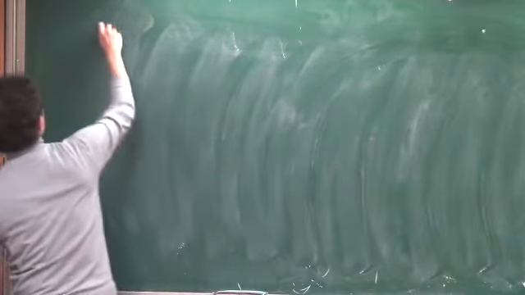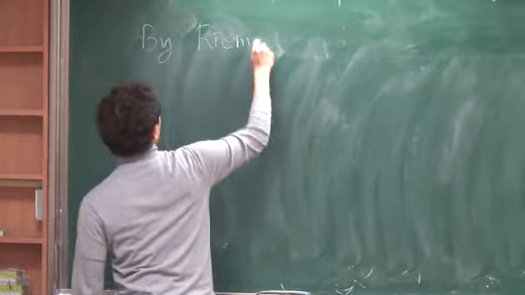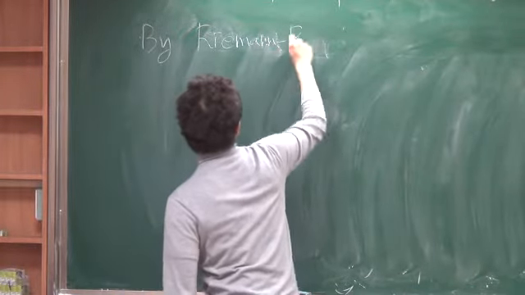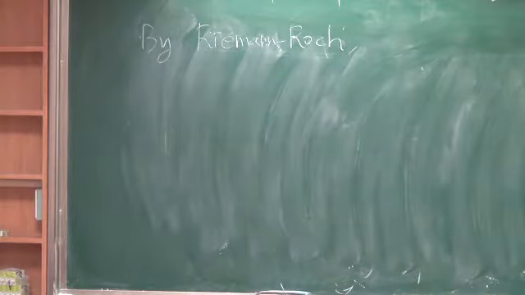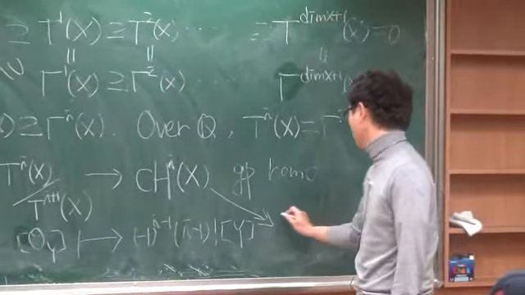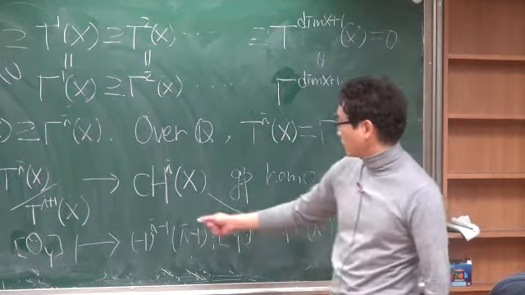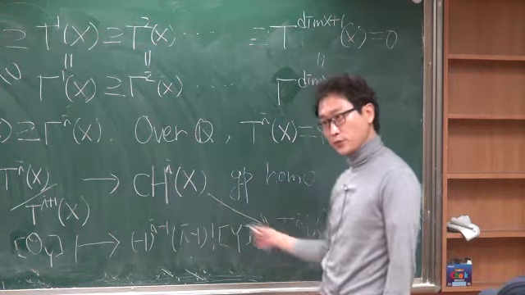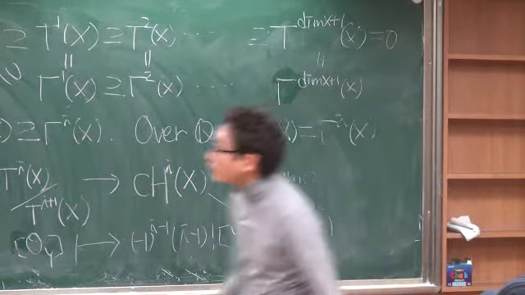And again, by Riemann-Roch, there is an obvious surjection from the Chow group to the topological filtration, which maps any class of a subvariety to the structure sheaf of the closed subvariety, and is surjective.